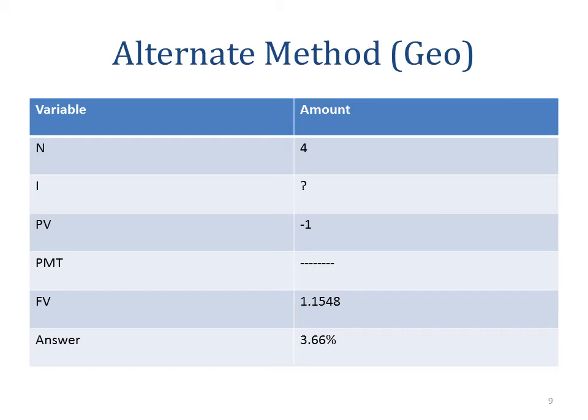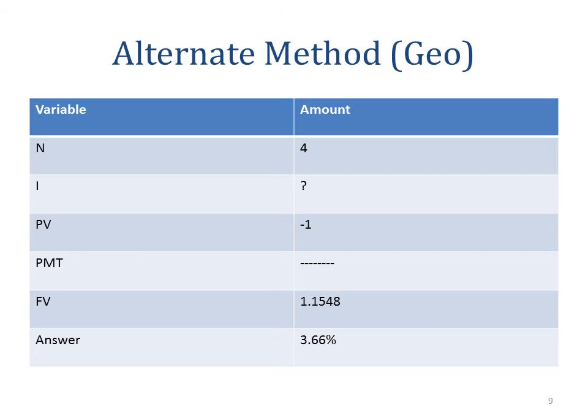Future is going to be that number, and then if you run the calculation, you come up with 3.66 if you calculate for I. Okay, and that is the growth under a geometric average. That's the return for the geometric return. And that should make sense.